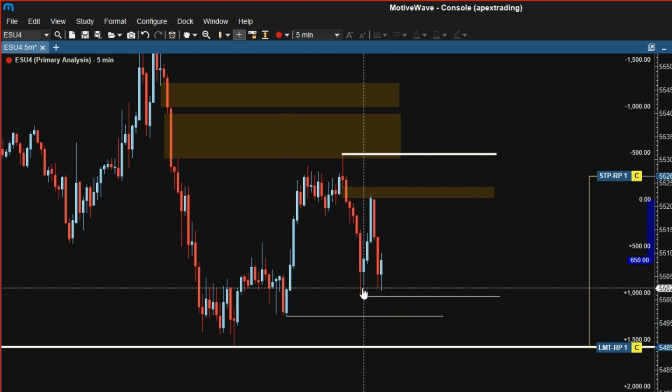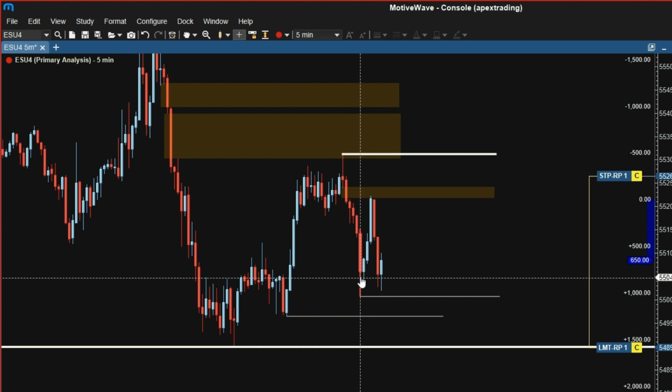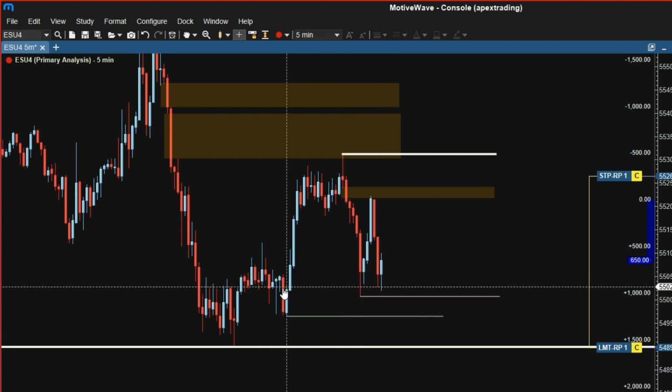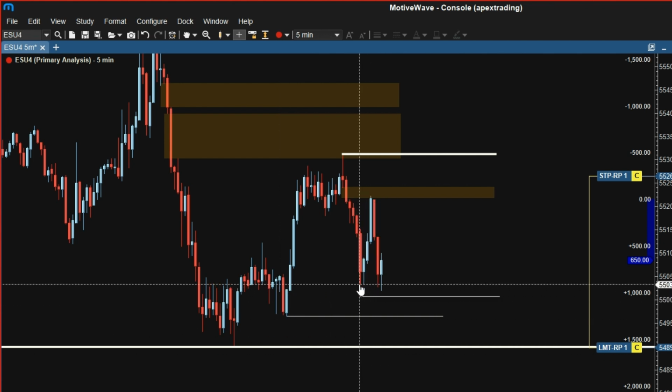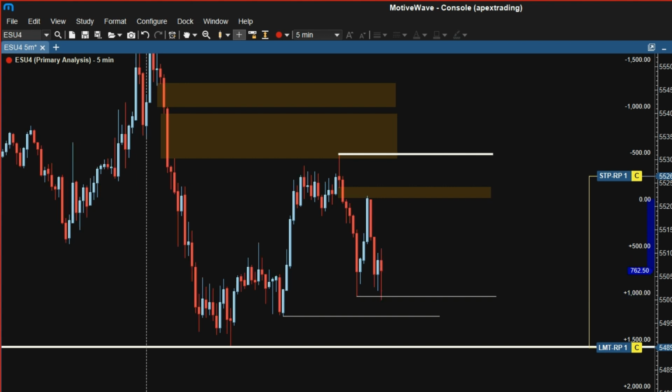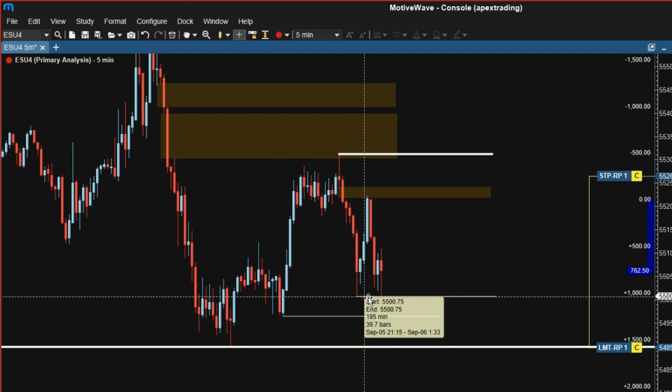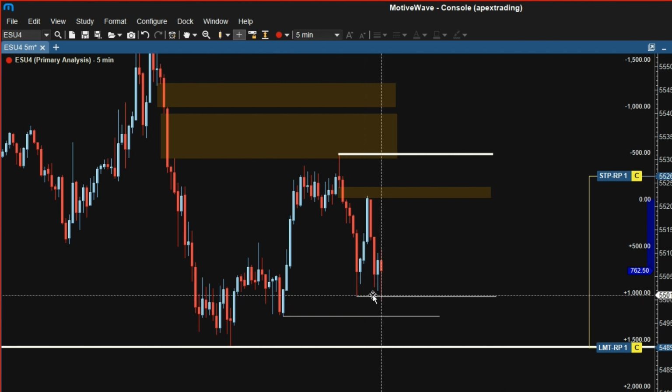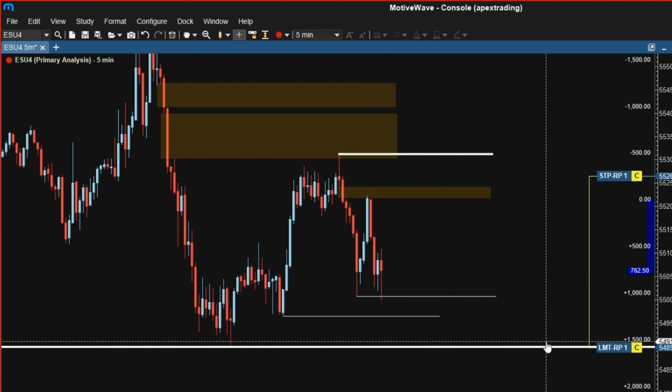As we can see here, there are wicks forming on this order block, 1, 2, 3, 4 wicks. Still another wick, right? It took out this high but failed to displace upon this high.